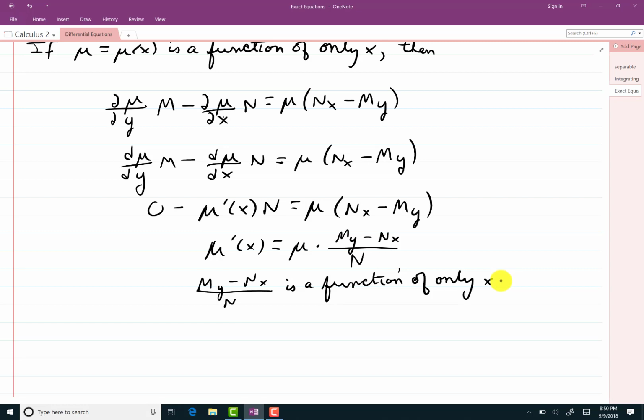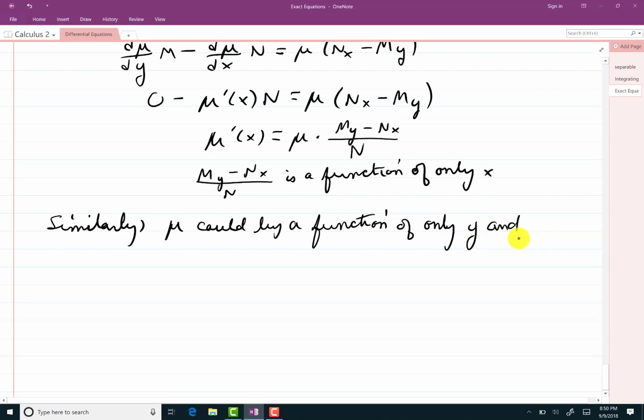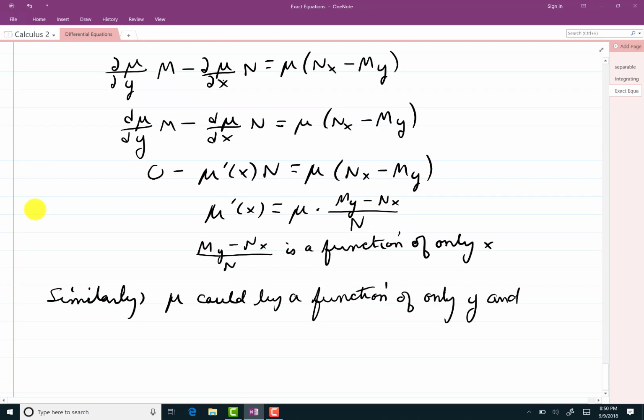On the other hand, similarly, mu could be a function of only y, and let me write down what we'd have. If mu were a function only of y, then this d mu over dx would have been 0. I wouldn't have had to multiply through by the -1 in this equation.